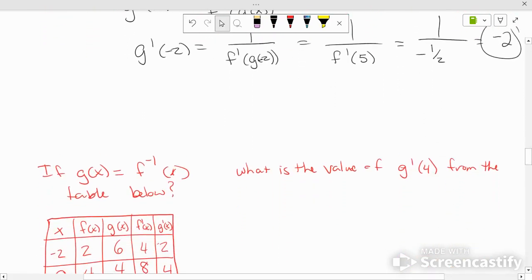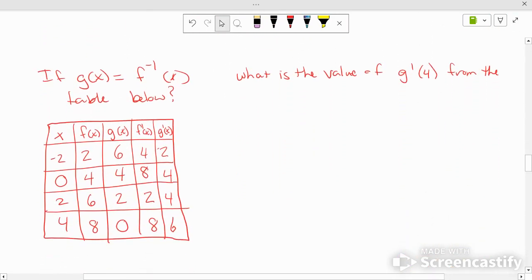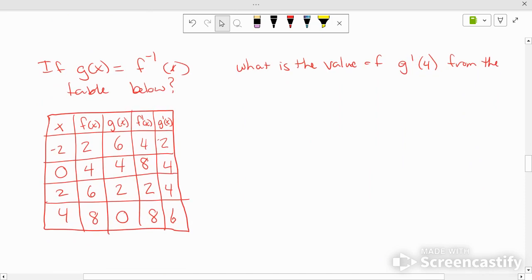Okay. So if you haven't been paying attention yet, focus on this one because this looks different than what you see in Khan Academy. All right. g of x equals f inverse of x. So these are inverse functions.